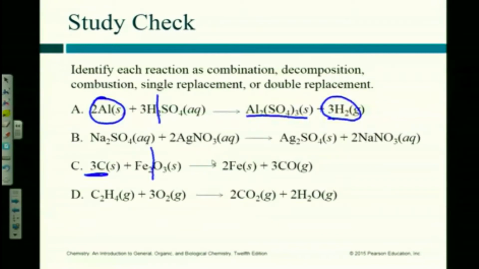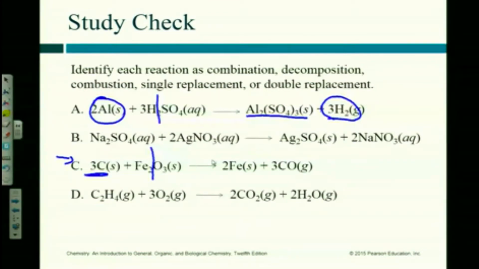Carbon takes the oxygen, runs off, and leaves iron by itself. This reaction right here, anybody ever seen a steel mill on TV? Those big steel furnaces? That's actually one of the reactions they do in a steel furnace. Because the red, hot, molten liquid that used to come out of the bottom is iron, right? And this is how they purify the iron, among other ways they purify it.